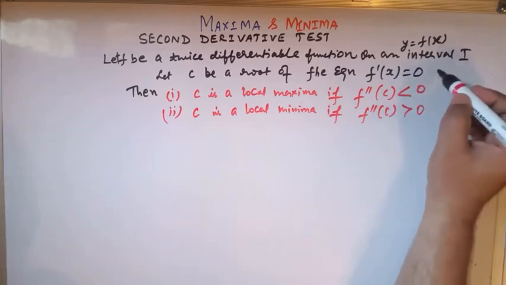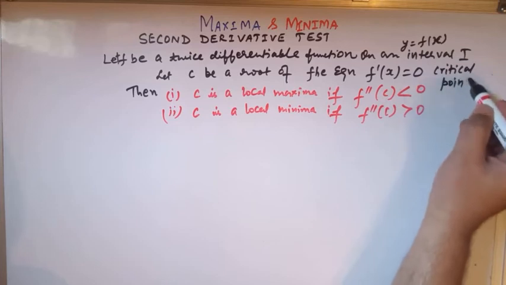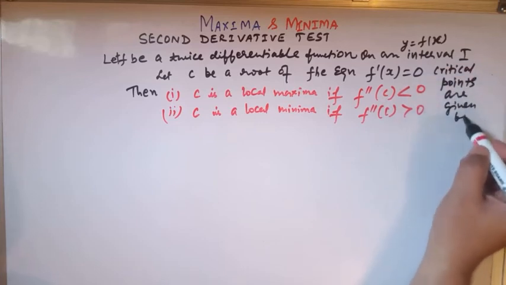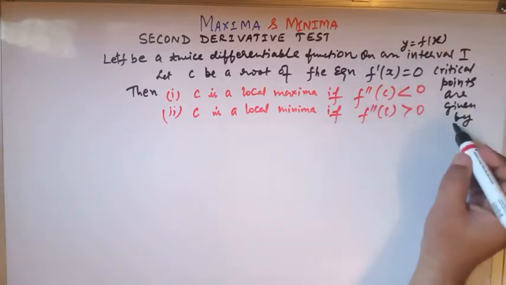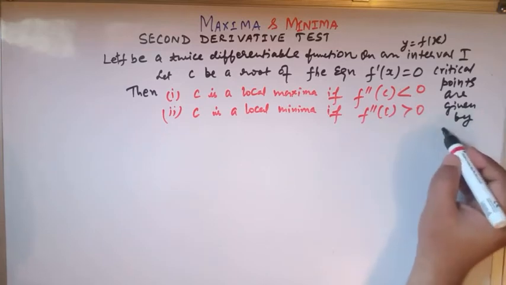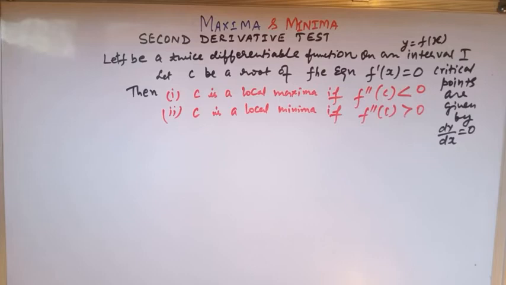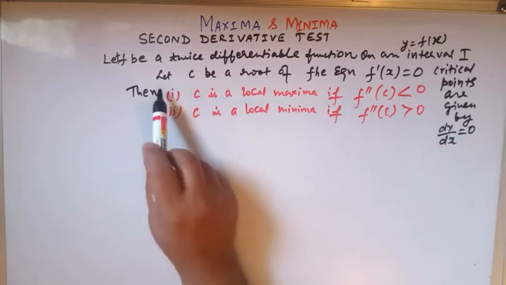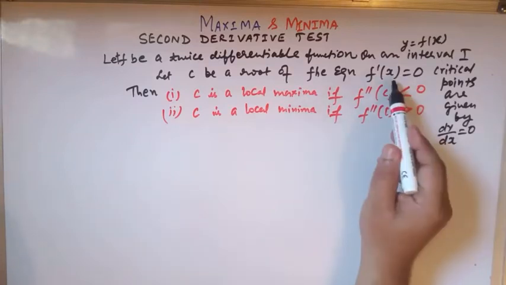The critical points are given by equating the first derivative equal to 0. Clear? So we have the critical points by solving the equation dy over dx equal to 0, and let C be one such root of this equation.